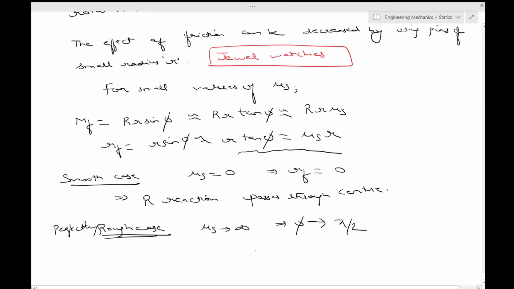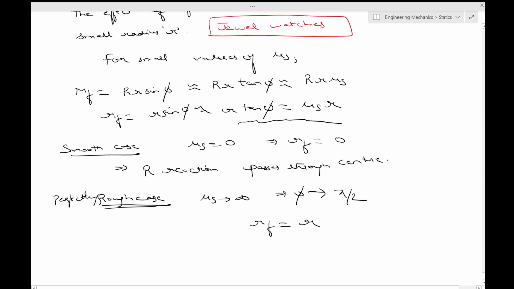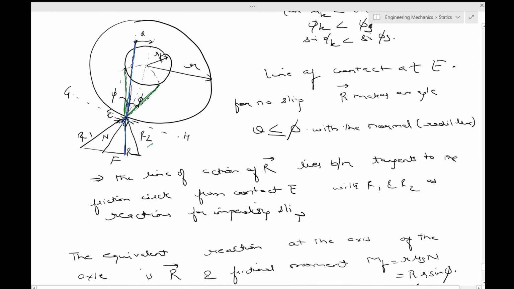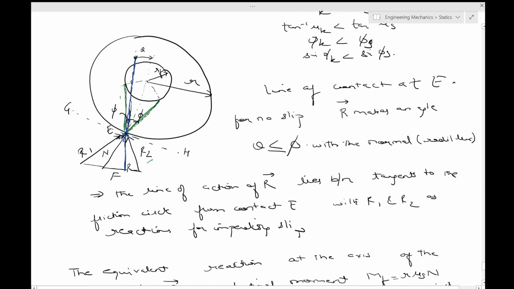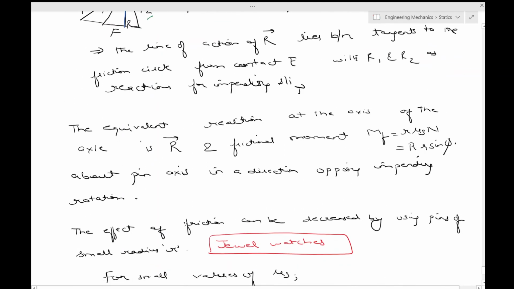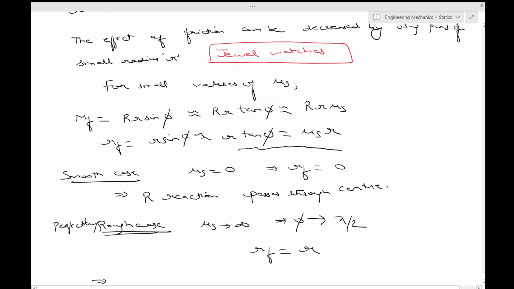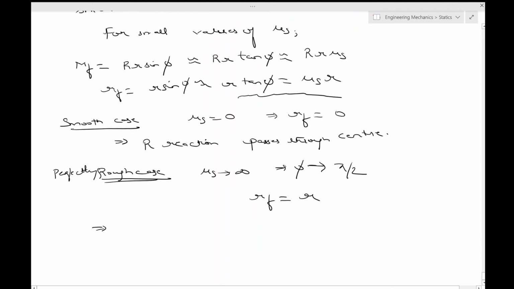That would also mean that RF in this case would be equal to R. This implies that the friction radius will be equal to the radius of the axle. So RF will be almost equal to R.